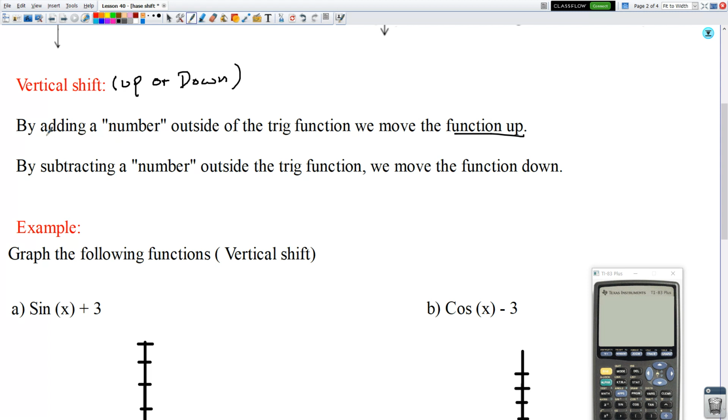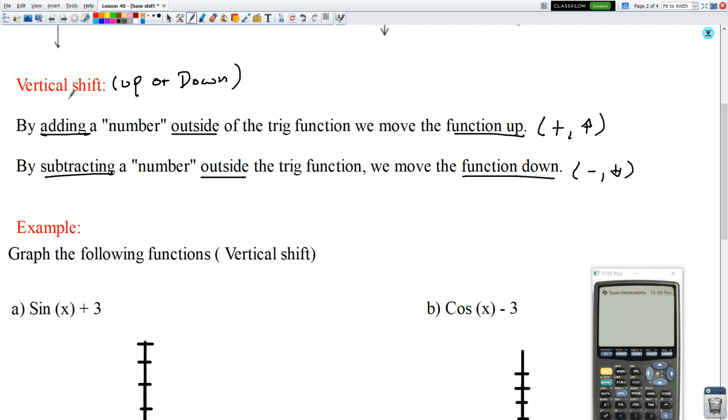So by adding outside, we move the graph upwards. And by subtracting outside, we move the graph downwards.